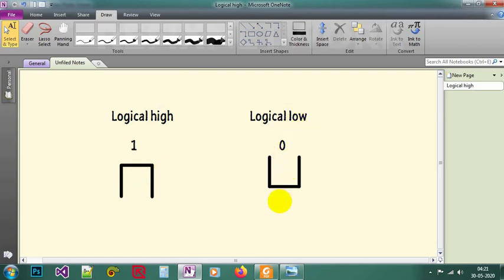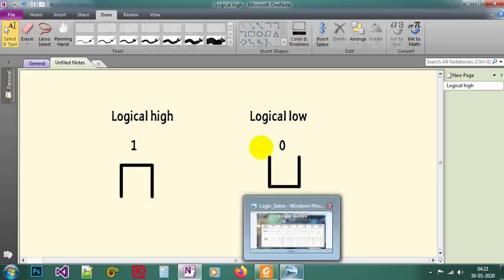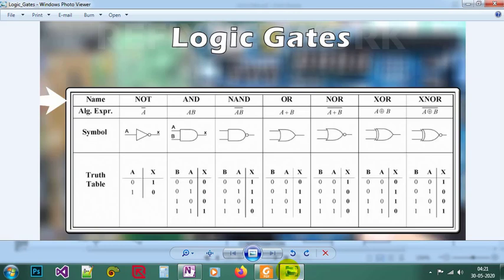Logical low is 0, and the pulse will be low. So if we give a high input, it will give just the opposite, a low output. And if we give a low input, it will give you a high logical output.